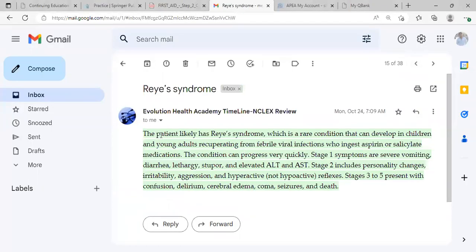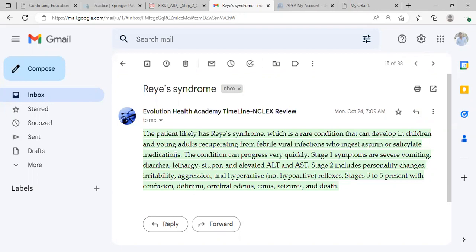Next here, a patient likely has Reye's syndrome, which is a very uncommon condition that can develop in children and young adults recuperating from a febrile viral infection who ingest aspirin or salicylic medication.